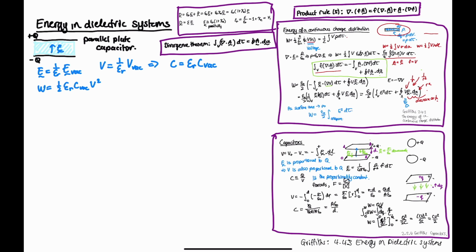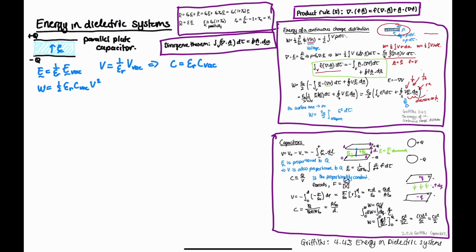Okay, so let's work through this for this case where we've got a dielectric. What we're worried about assembling is the free charges. The bound charges are going to look after themselves. The work that we need to do is to arrange the free charges how we want those arranged.